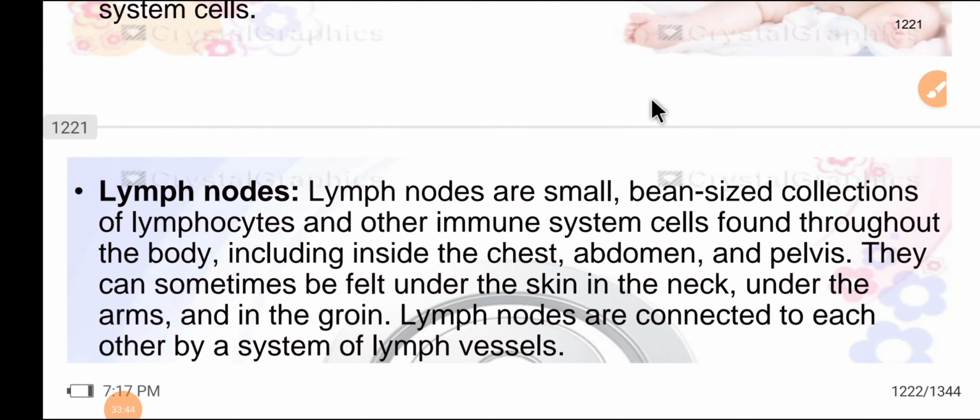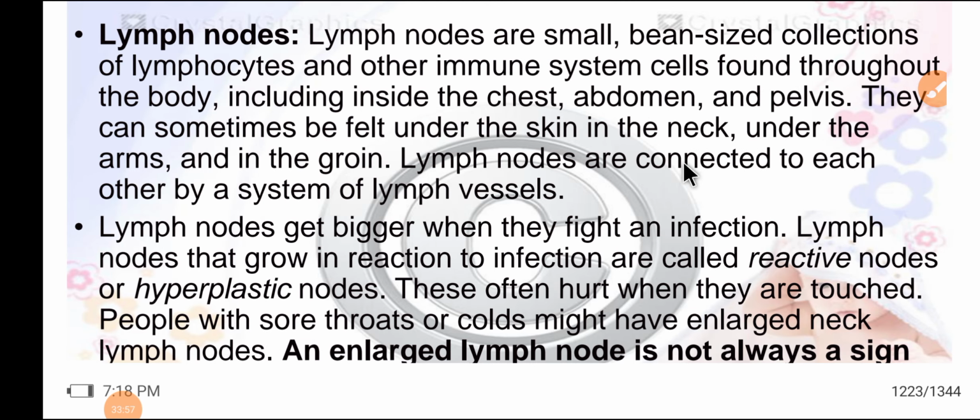They can sometimes be felt under the skin in the neck, under the arms, and in the groin. Lymph nodes are connected to each other by a system of lymph vessels. Lymph nodes get bigger when they fight an infection. Lymph nodes that grow in reaction to infection are called reactive nodes or hyperplastic nodes.